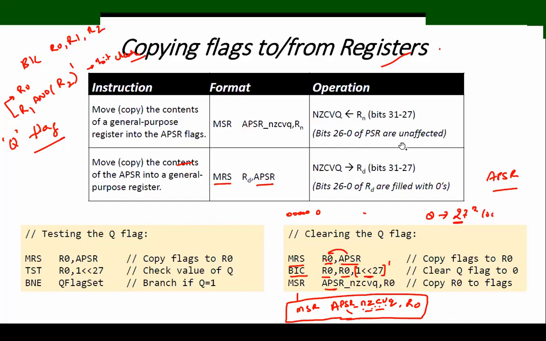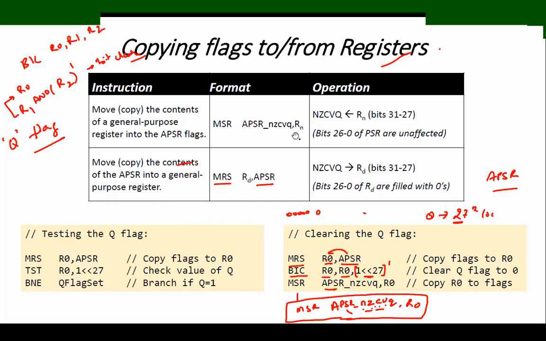Now, what happens to the remaining bits, from 0 to 26? They are actually unaffected. The thing that happens here is that only bits 27 to 31 are transferred. The rest will remain the same.